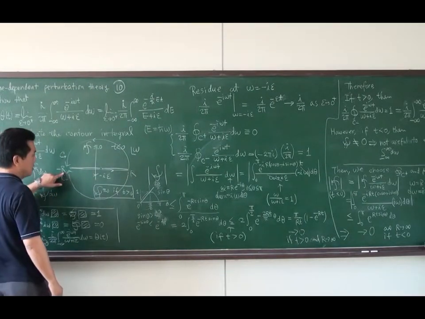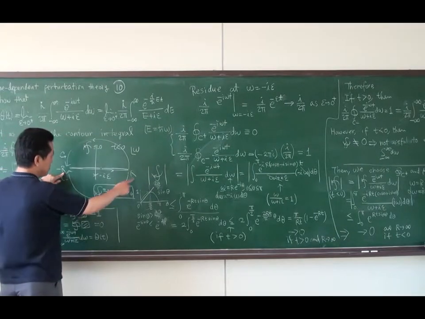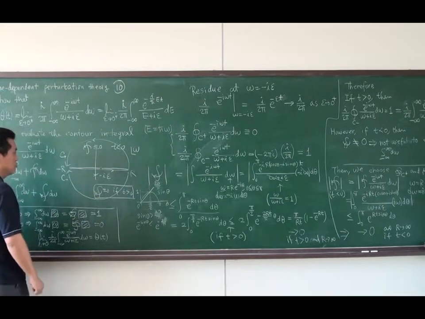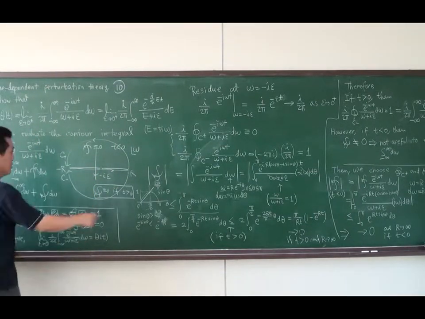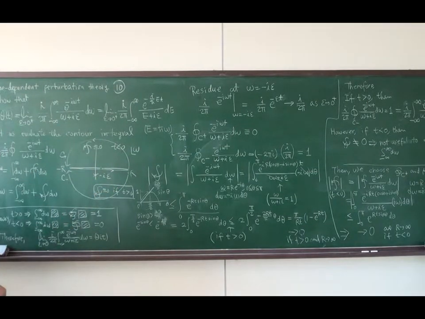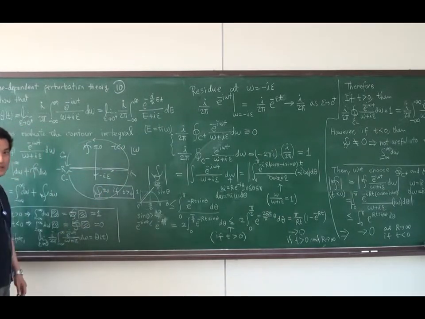where R is a very large number from minus R to plus R, and the contour can be closed on the upper half plane or lower half plane. If we close this contour on the upper half plane, the integral vanishes because there is no residue inside.